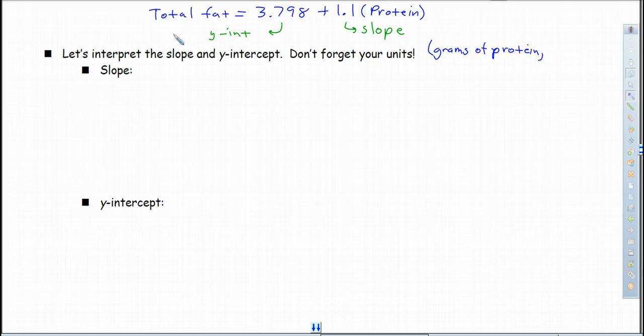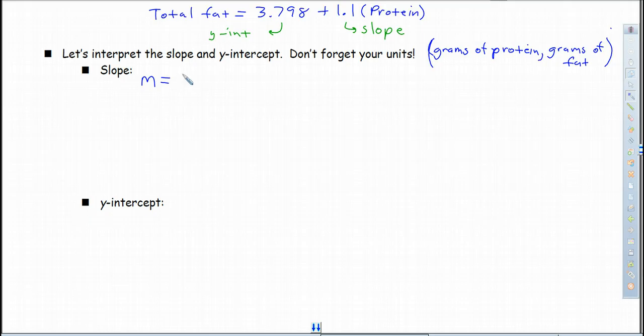And the y-axis, the response variable, is the grams of fat. And this will be a good reference when we're actually trying to get our units and interpretations for both the slope and y-intercept.